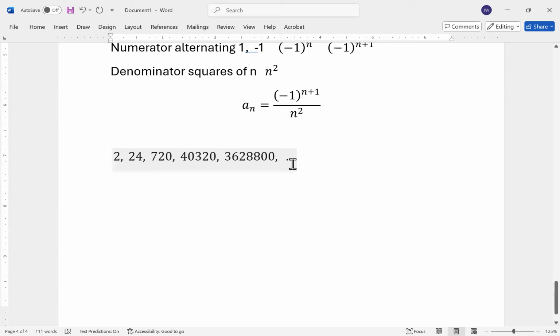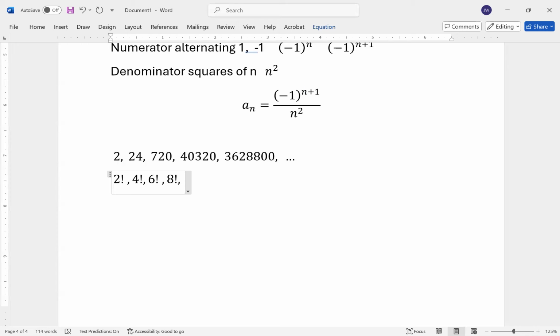Now for this last sequence, this is kind of tough to see unless you've seen it before. It turns out if you rewrite these as factorials, 2 is actually 2 factorial. 24, we saw earlier, is 4 factorial. 720 is 6 factorial. 40,320 is 8 factorial.